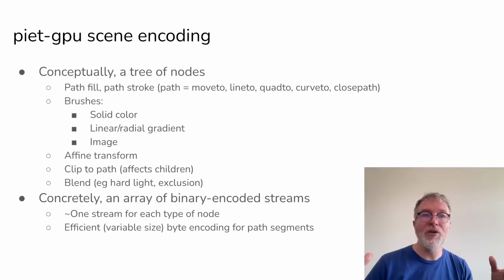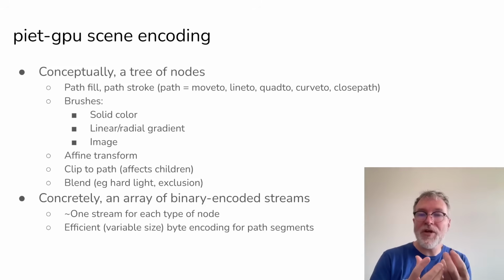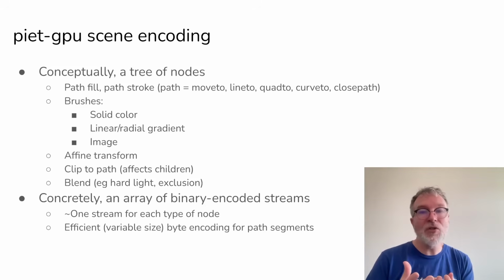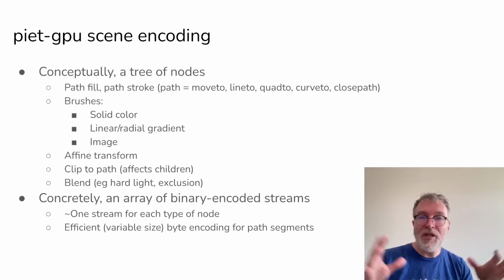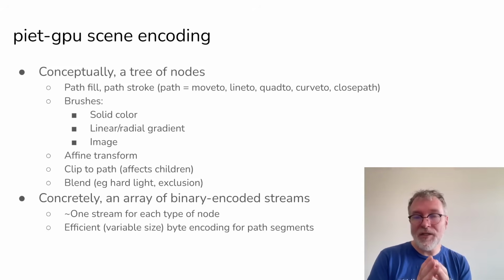And so you're building a tree of nodes. Those nodes look a lot like SVG nodes. So it is very much, when you have a path that's just move to, line to, curve to, very familiar. And then you're assembling those nodes together into a tree.